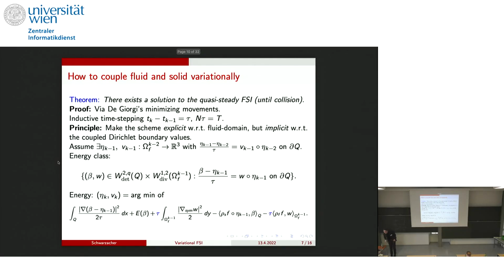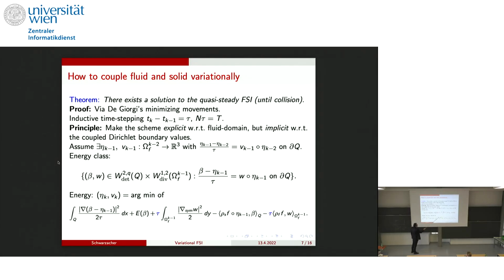And so we wanted to use George's minimizing movements here, which is variational, which allows sort of incrementally to produce the next time step. And this worked once Barbara came with the right idea, which was to sort of fix the state space, take the right scaling.